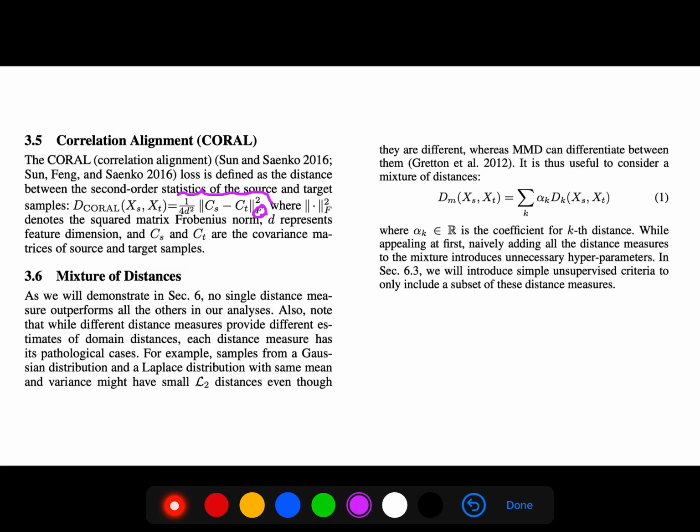So we measure them with this Frobenius norm. And then they have a mixture of distances as well. We have different distances, so it's just a mixture of them.